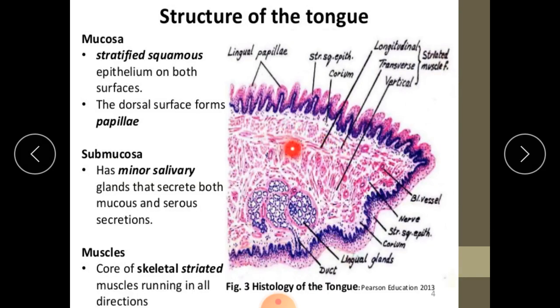So look here. This is the cross section of the tongue. The central part of the tongue is composed of striated muscles, and these striated muscles are arranged in three patterns: longitudinal, then transverse and vertical.